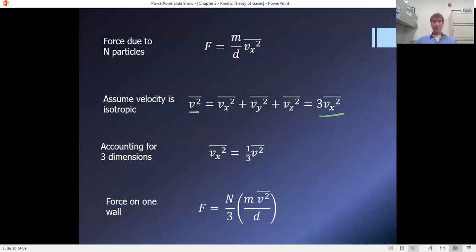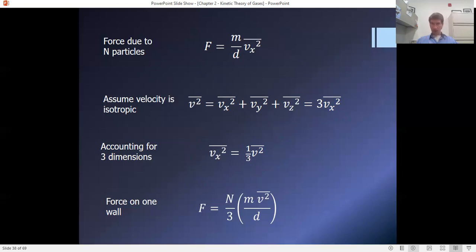Essentially this makes sense: the overall magnitude of velocity is going to be greater than just the velocity in one dimension. So by accounting for all 3 dimensions, we get rid of vx, and now we have 1/3 the velocity squared on average.